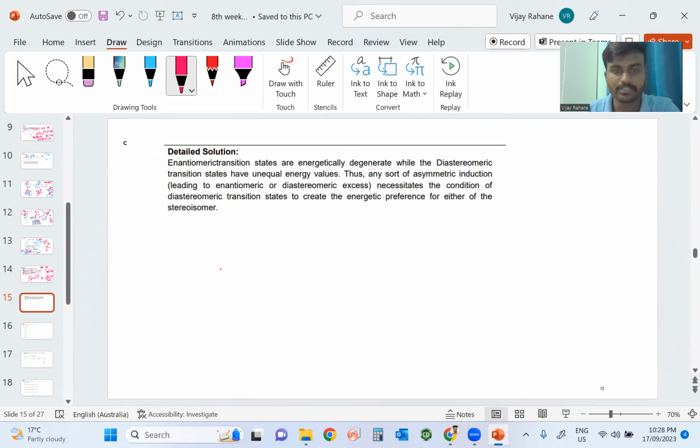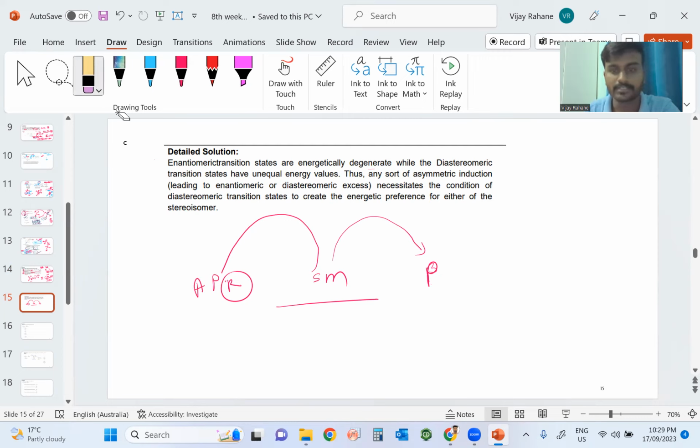Let's say if I draw the energy level diagram, and this is the starting material, and let's say I convert this reaction to the product, which has, I will give the numbering with R configuration, and also it can convert into the product B. This is product A, and which has S configuration.